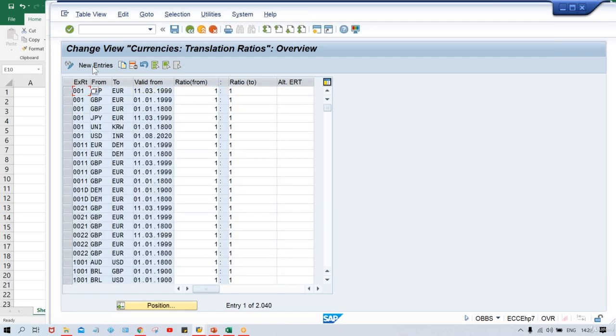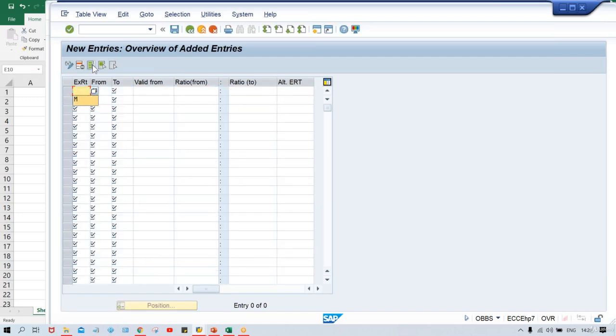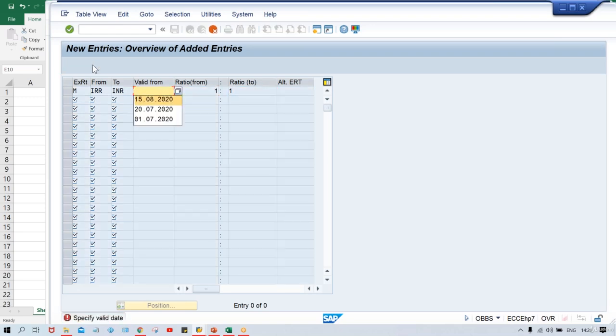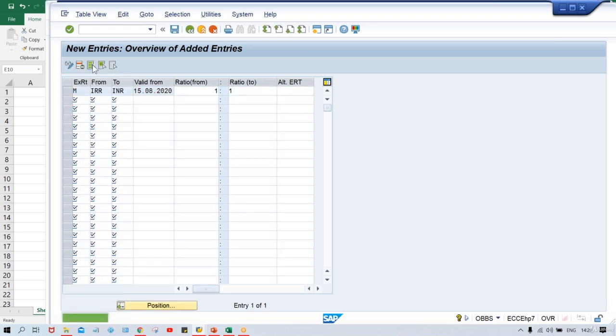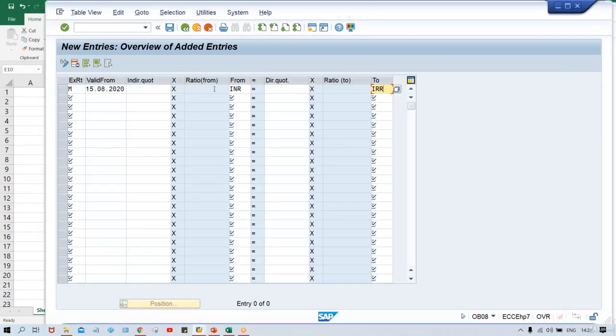Maintain the rate here like this only, exchange rate, from foreign currency to local currency. Maintain ratio 1:1, validity I've given here, and save it. So now in this way itself I'm going to specify the rate here.